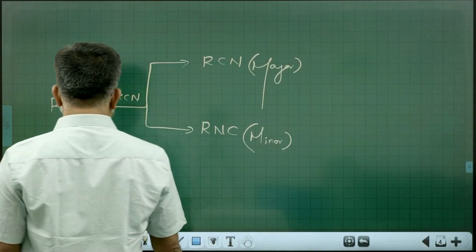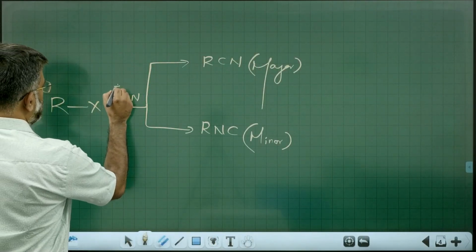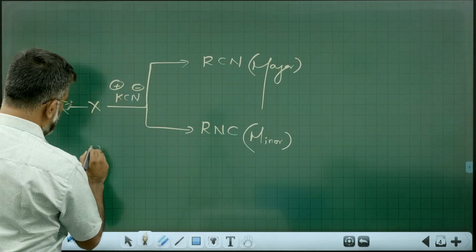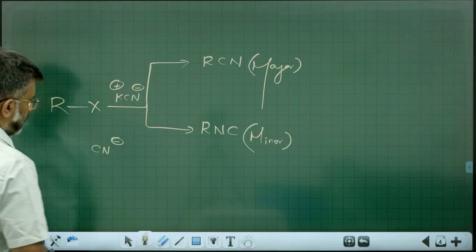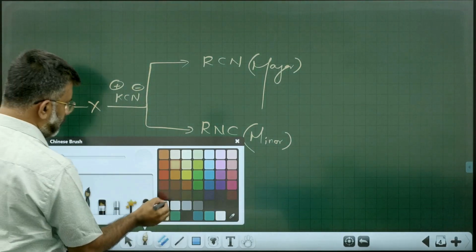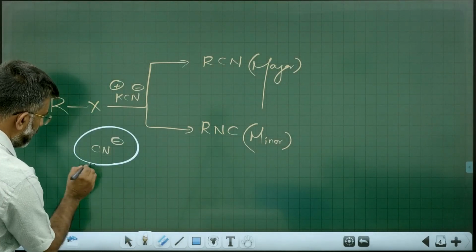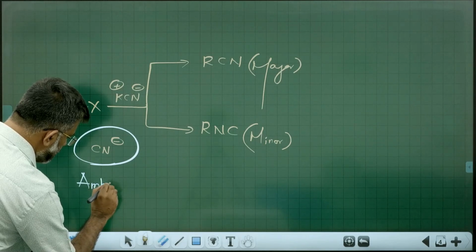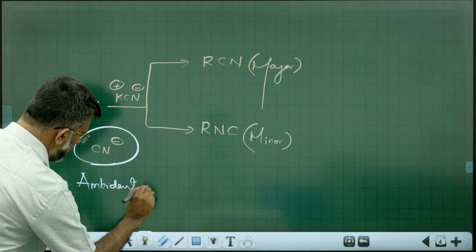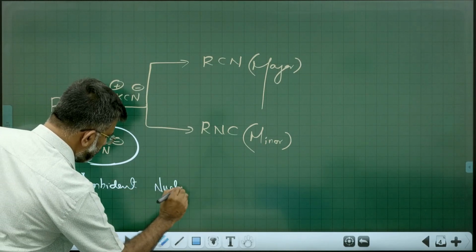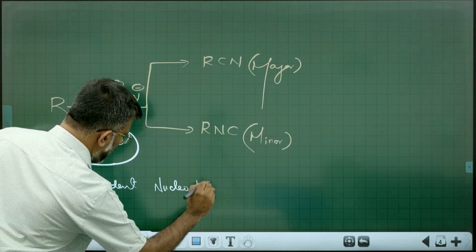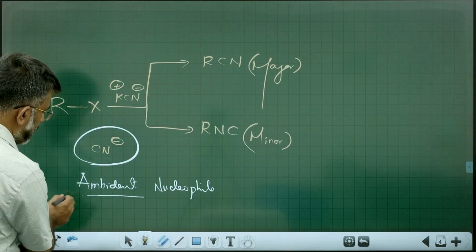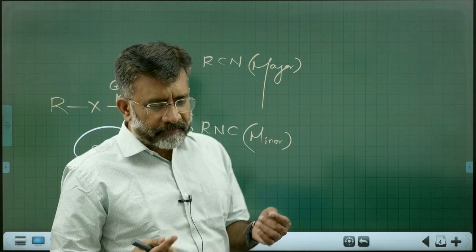And why such a case? Because of K+ and CN-, you have free CN- available. There is a possibility of connectivity from either end. This is an ambident nucleophile. What is meant by ambident nucleophile? Ambident means which can bind from both sides.